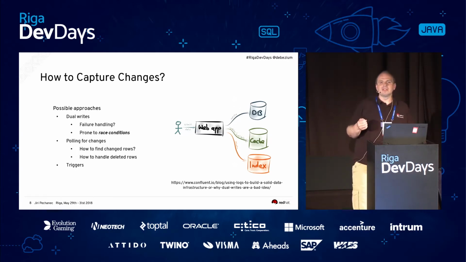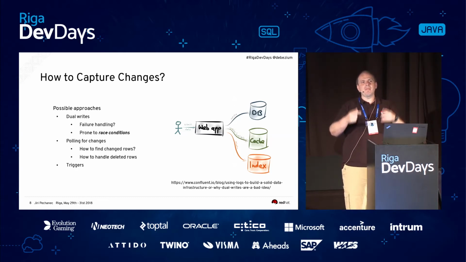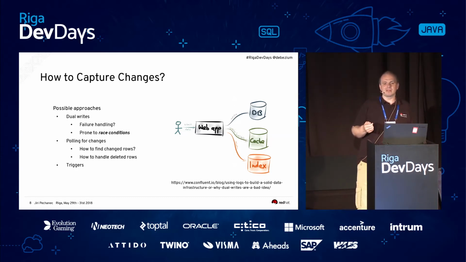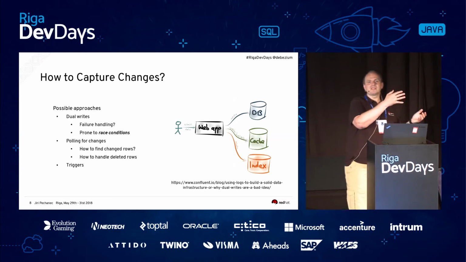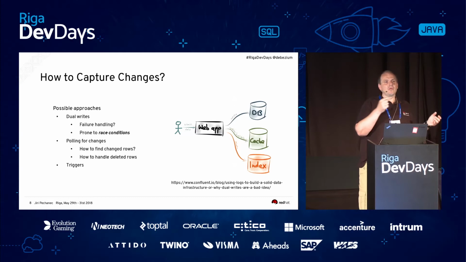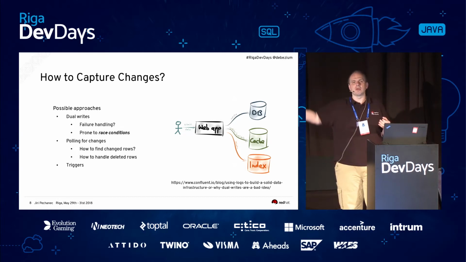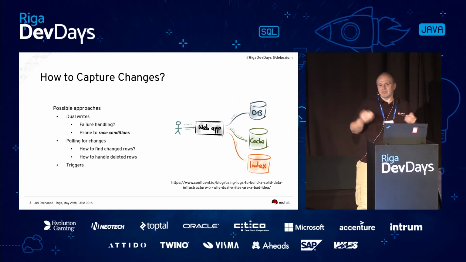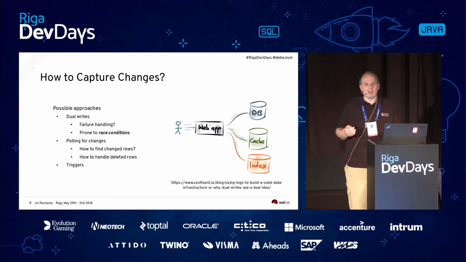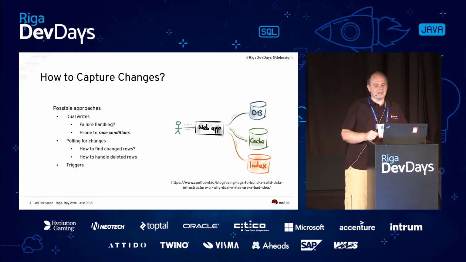How would you handle deleted rows? If somebody deletes a row from the database, you need to have a separate list of the data somewhere that would allow you to detect missing records, so you can issue a delete row event. So again, it's not feasible and definitely not scalable.